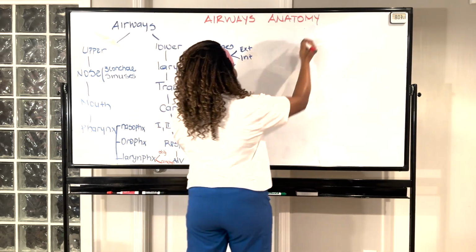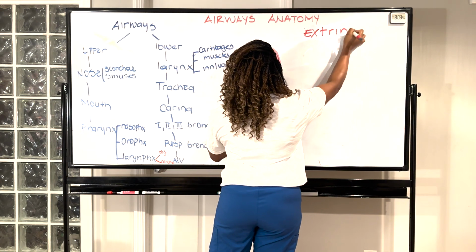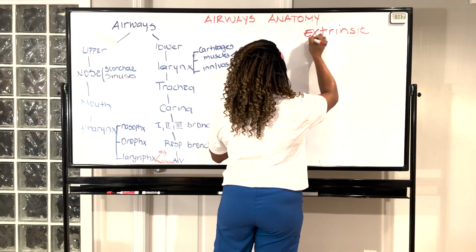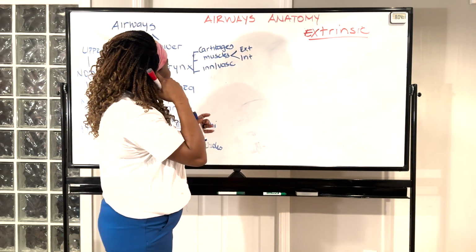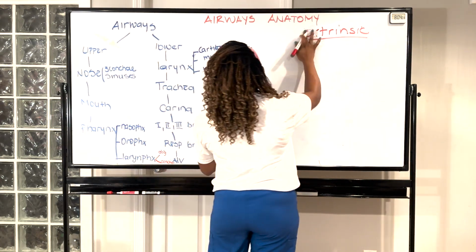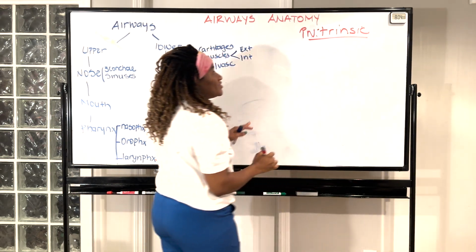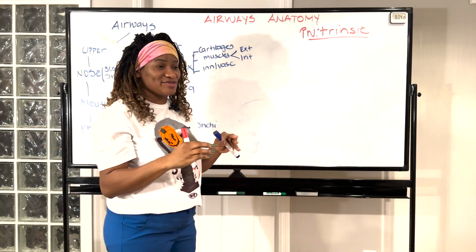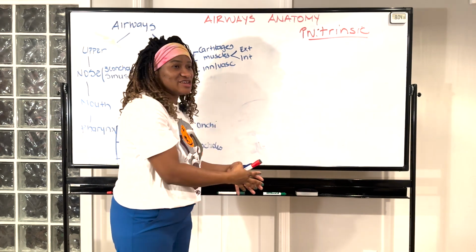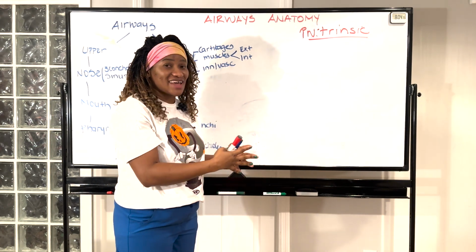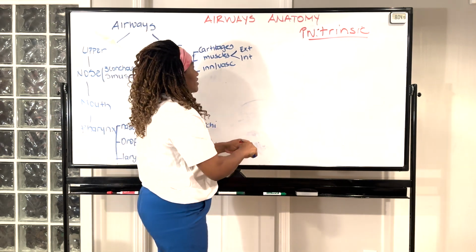Now, talking about the intrinsic muscles, these are really important, and we already started talking about them. The intrinsic muscles are going to follow the cartilage. So we're going to draw our cartilage the way we did, and from the cartilage, we're going to see all these muscles coming around.